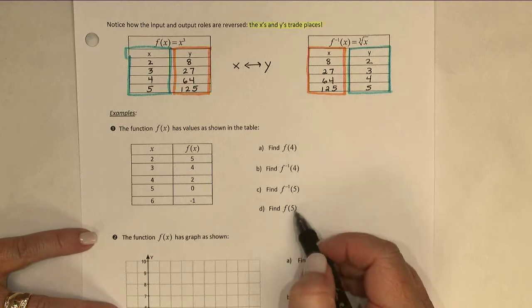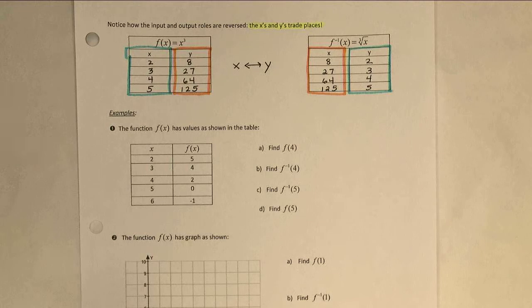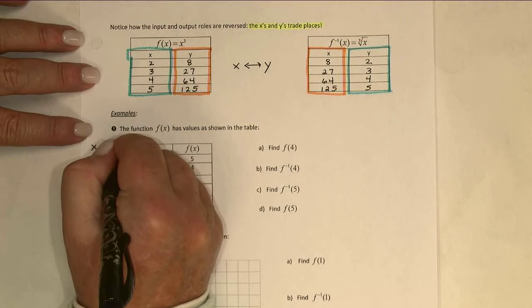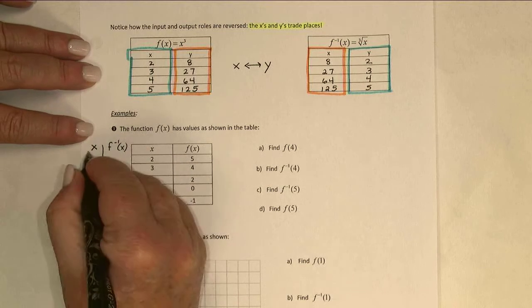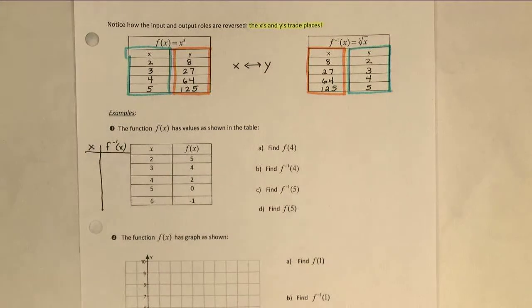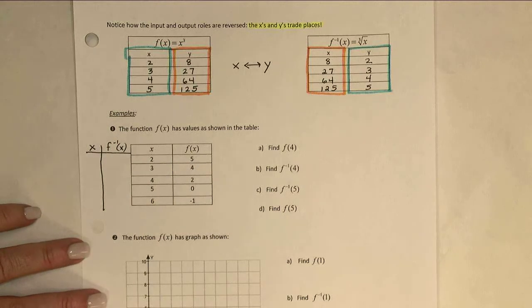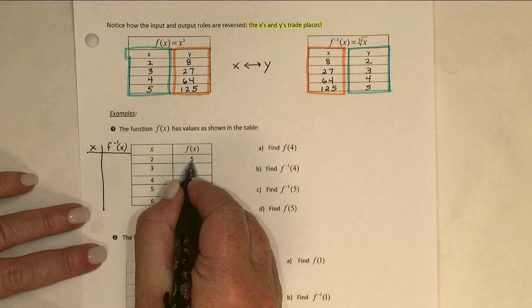So, in order to answer those, it might be handy if we just made a real quick table of values for ourselves for the inverse function. Keeping in mind that the x's and the y's trade roles. Instead of x being 2 and y being 5, we'd have x being 5 and y being 2.